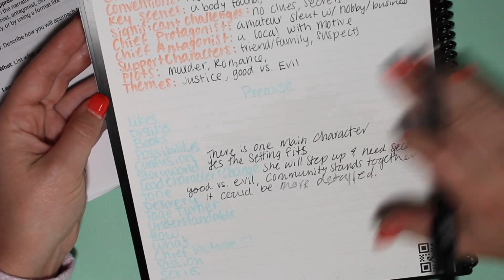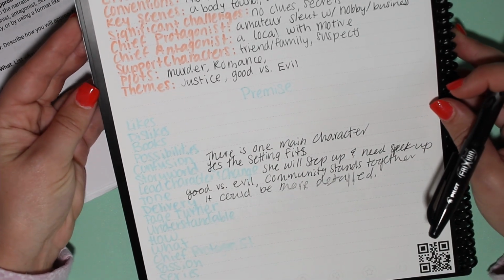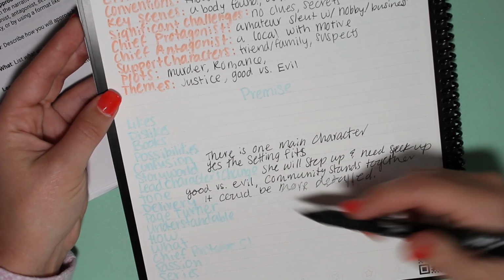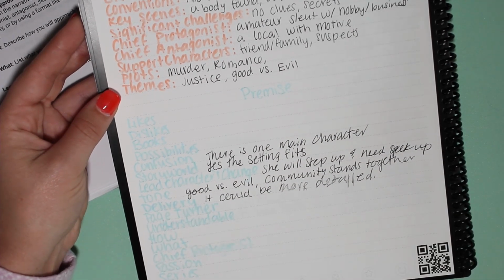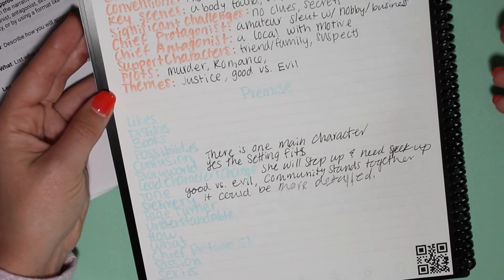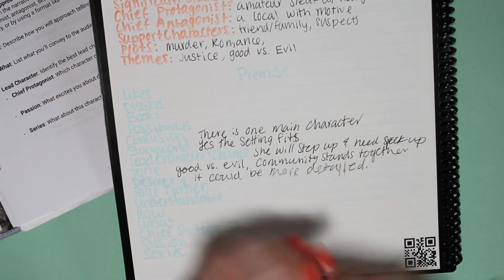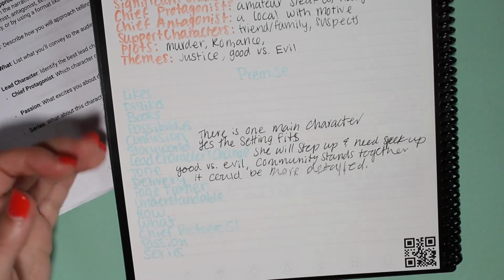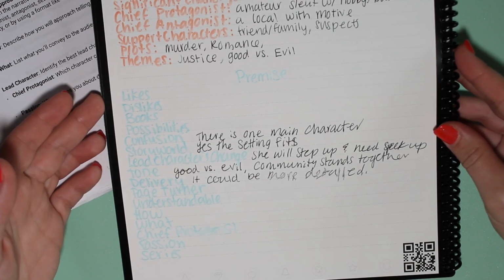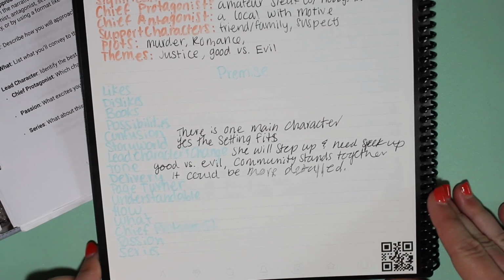My character is very one dimension, which is hard because I write in a series, so you have to think of their arc over the series as well as in each individual book. But I'm excited to kind of learn more about character and how I could continue using this Trellis method to plan out my upcoming story.